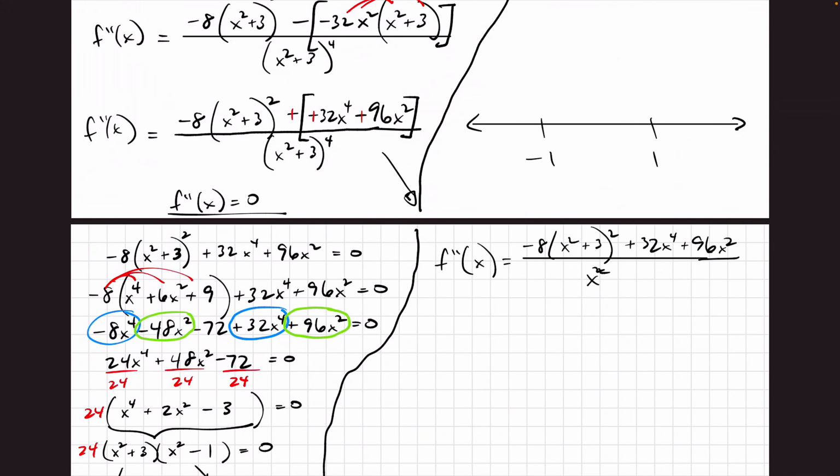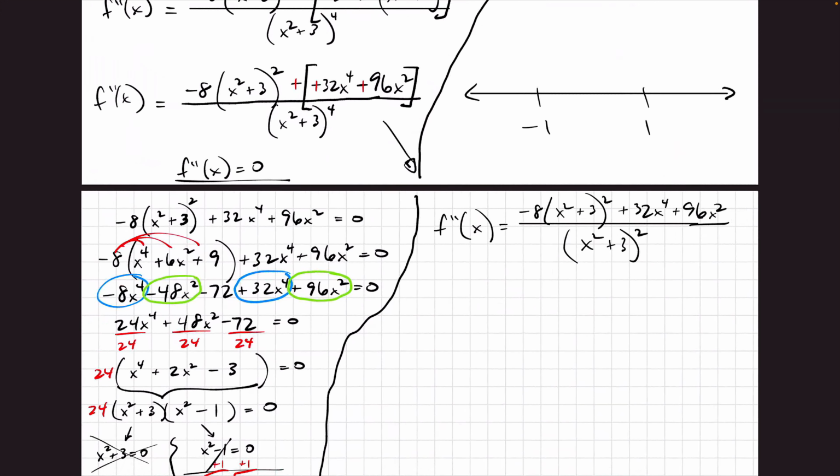And the nice thing is we're always going to get a positive number on the bottom. So we don't have to consider the bottom because the bottom is always going to be positive. Doesn't matter what number. So we just have to do enough mental math to figure out what's going on on top. Let's try less than -1, -2.